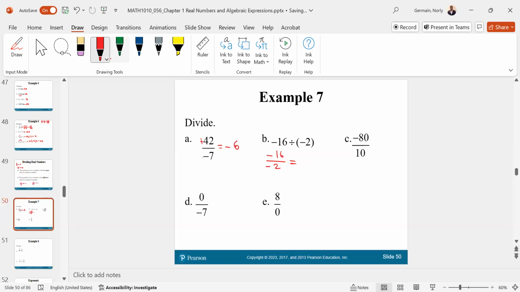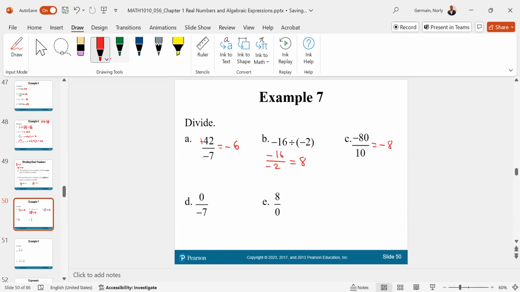It's a different way of writing divisions. 2 negatives become positive, 8. Okay. Now we can simplify if we want. One negative, one positive become negative. 80 divided by 10 is -8.